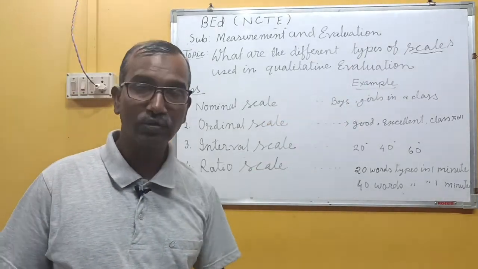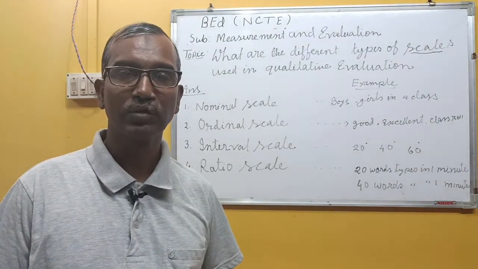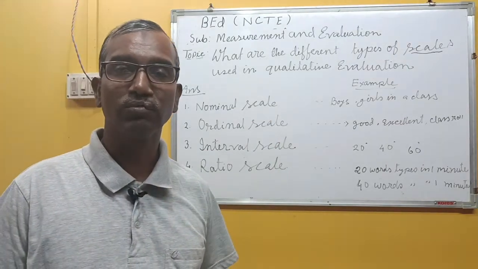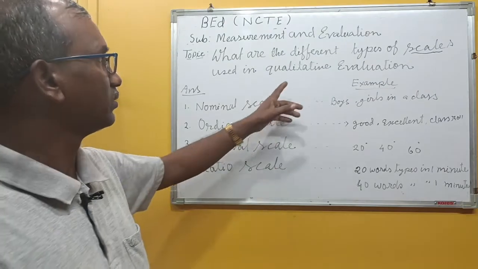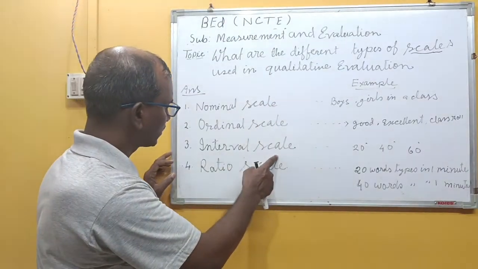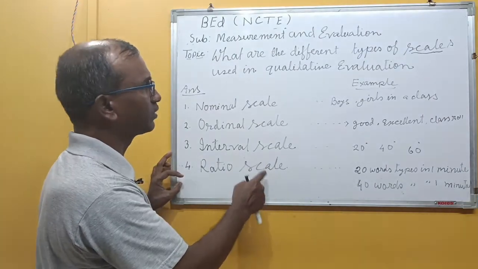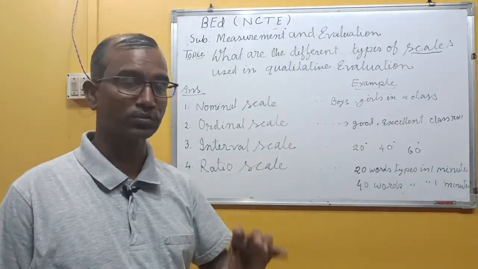In the field of education, while we evaluate children, these four kinds of scale we use for evaluation. And usually interval scale and ratio scale, these two types of scales are also used in quantitative evaluation.